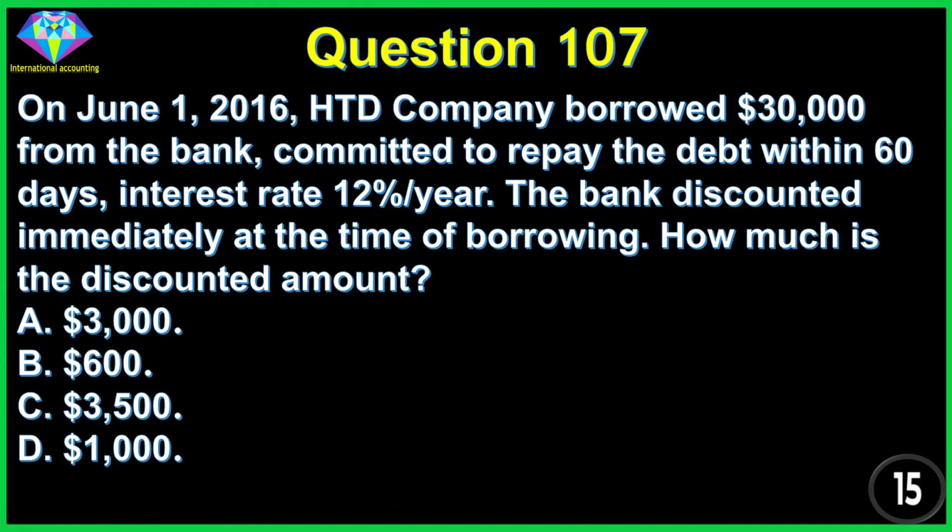On June 1, 2016, HTD Company borrowed $30,000 from the bank, committed to repay the debt within 60 days, interest rate 12% per year. The bank discounted immediately at the time of borrowing. How much is the discounted amount? A. $3,000. B. $600.